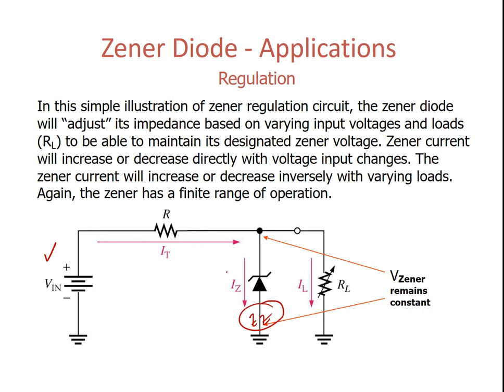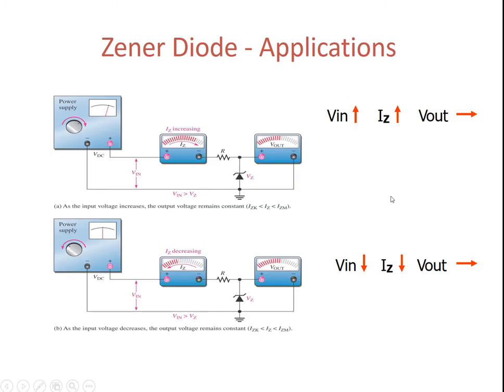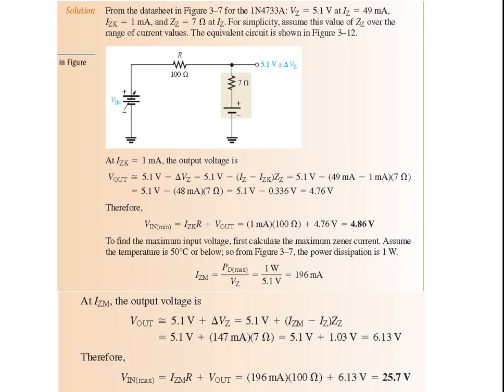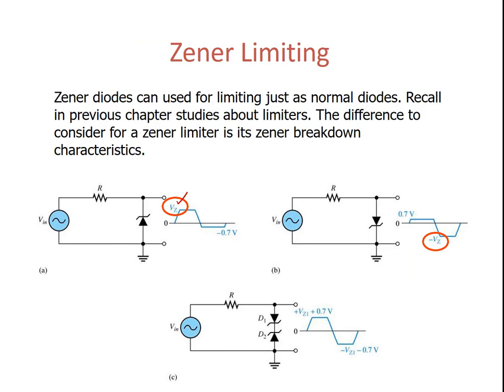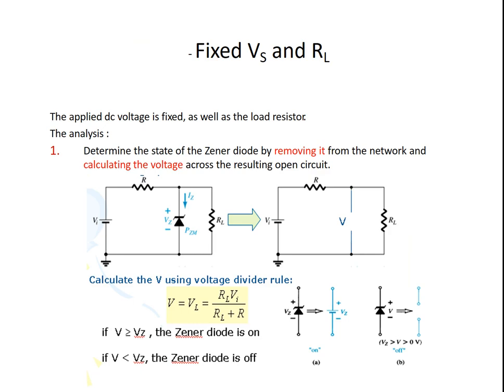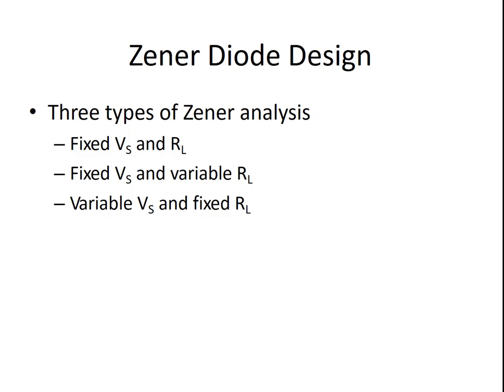So the operation of the Zener diode depends on the input supply, the value of the load resistance, and how much current is flowing. Based on these three factors, we can calculate the different applications, regions and operating modes of the Zener diode. I will briefly discuss these modes in the live session.